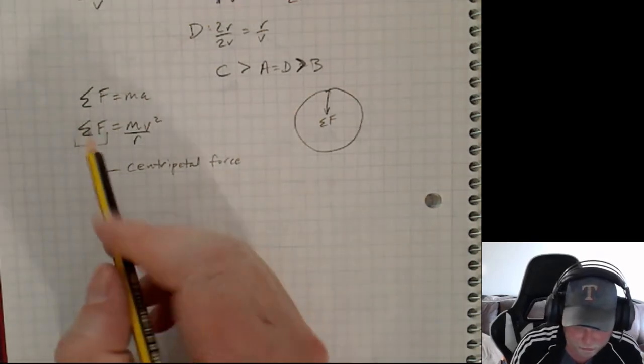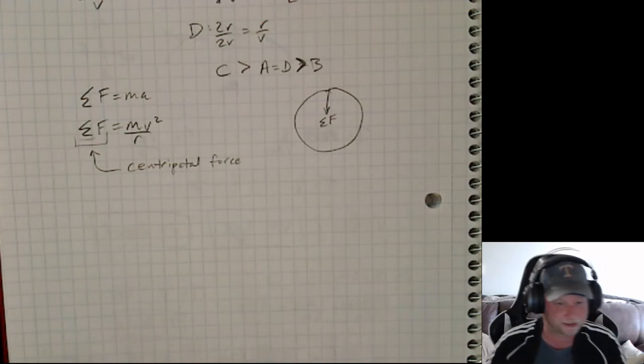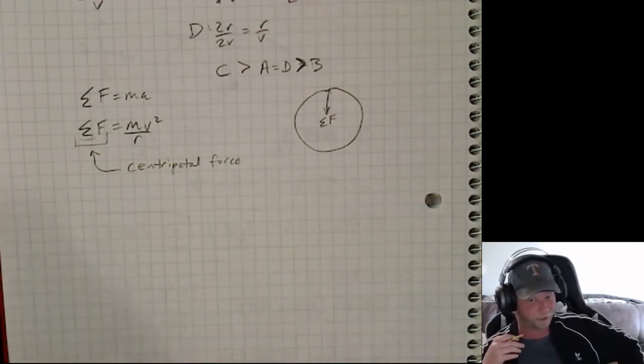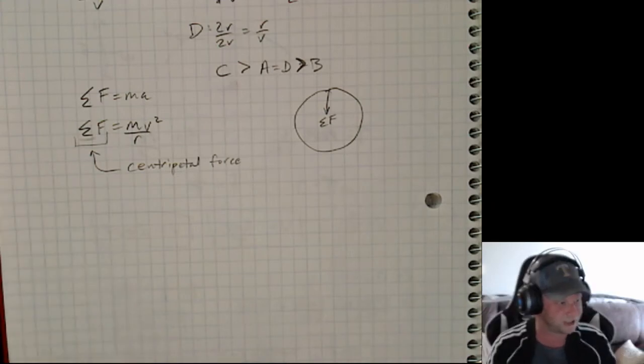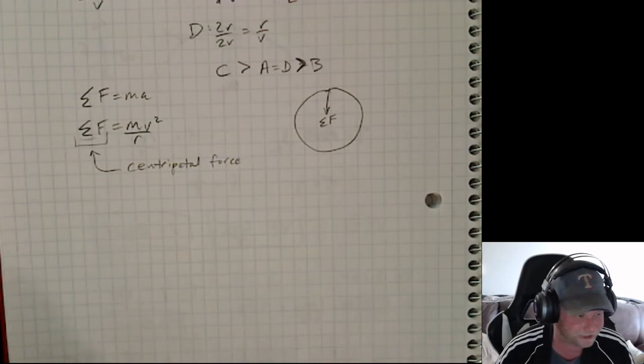No, the centripetal force is just a new name for the net force in circular motion. So the centripetal force is going to be a force that is already familiar to you, whether it's friction, tension, or a combination of these things. It's not a brand new force, it's simply the net force when we're dealing with circular motion.